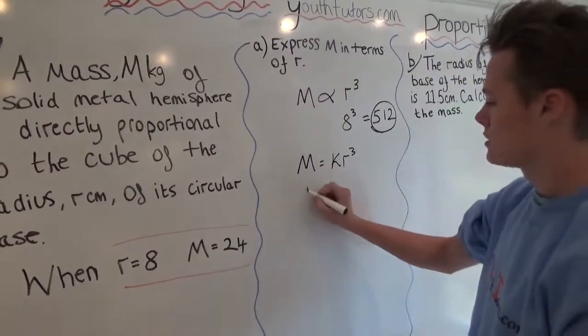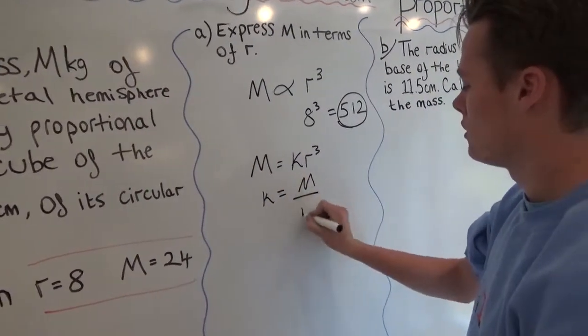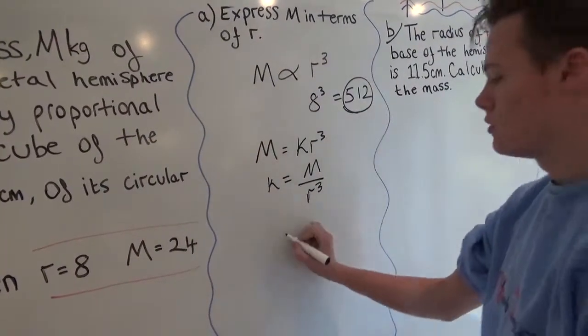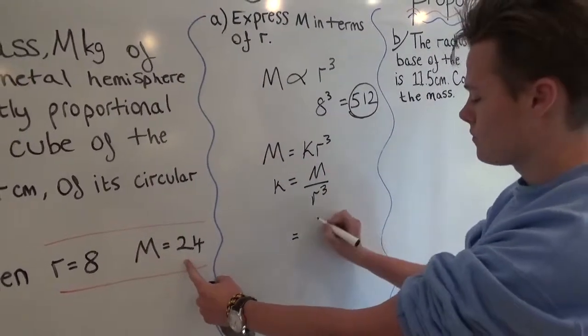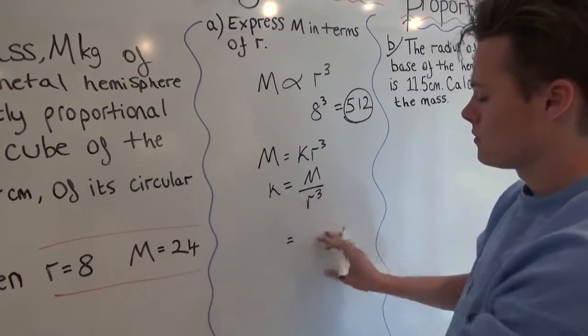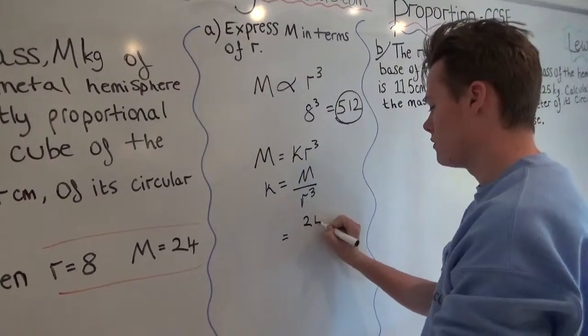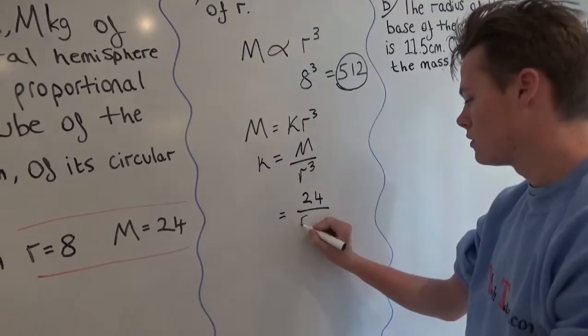So that means k is equal to m over r cubed, which we know to be 512. So therefore it's going to be 24, which we've been given here, over the r cubed, which is 512.